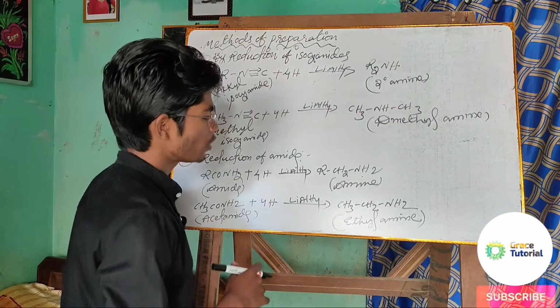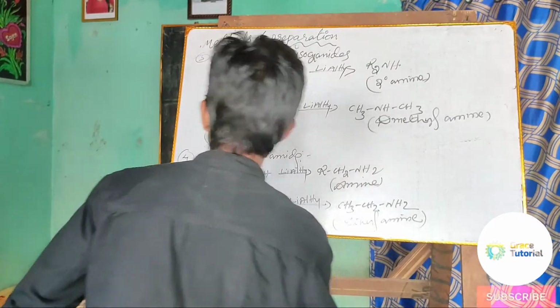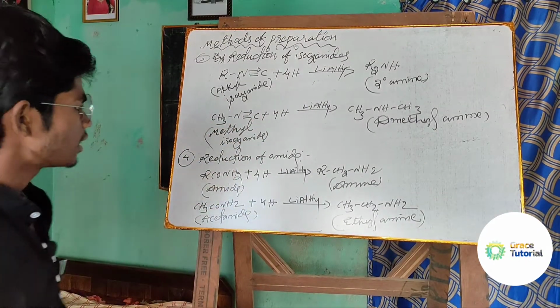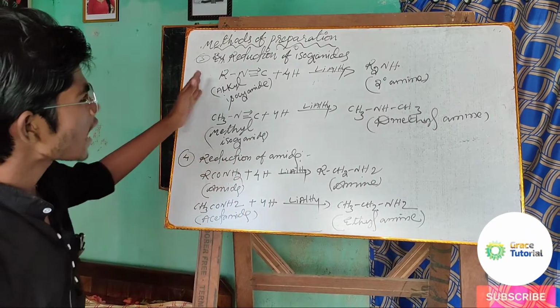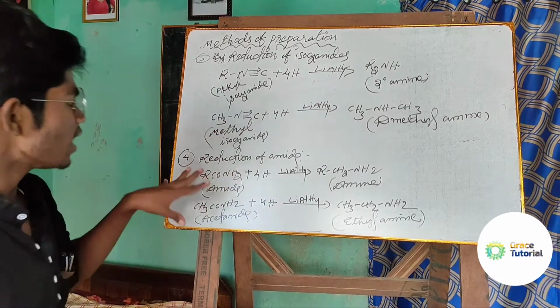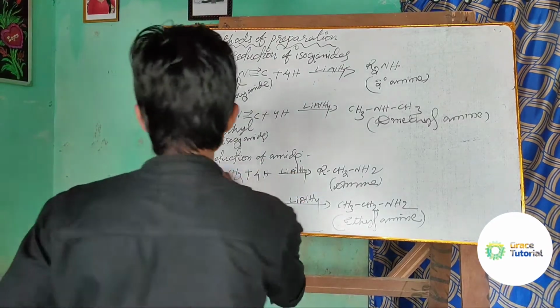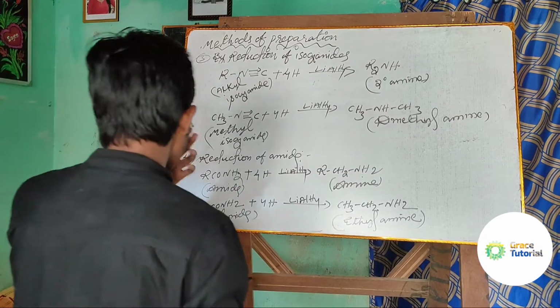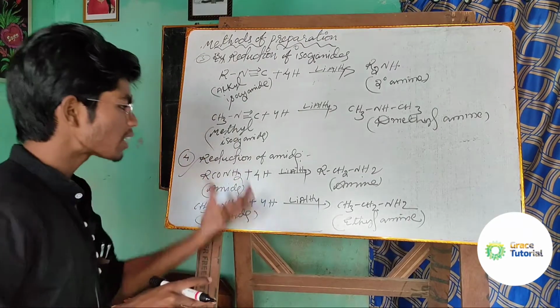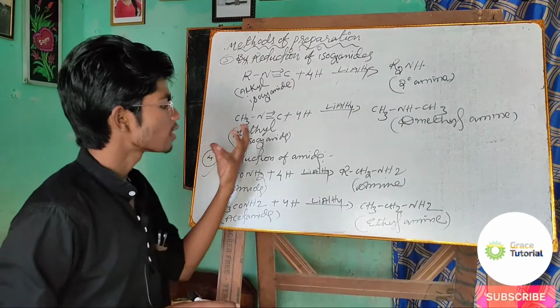So this is what we need to understand from the fourth method of preparation, that is by the reduction of amides. So we have done the reduction of isocyanides as well as the reduction of amides. Well, this is all about some methods of the preparation of amines.